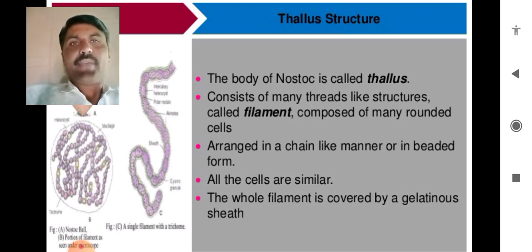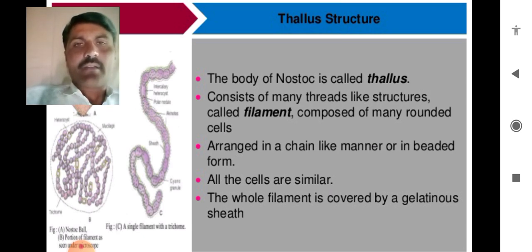While observing this figure, it looks like parenchymatous cells are attached to each other, with the heterocyst in it having the intercalary and polar nodule. Akinetes are also present in the Nostoc filament.